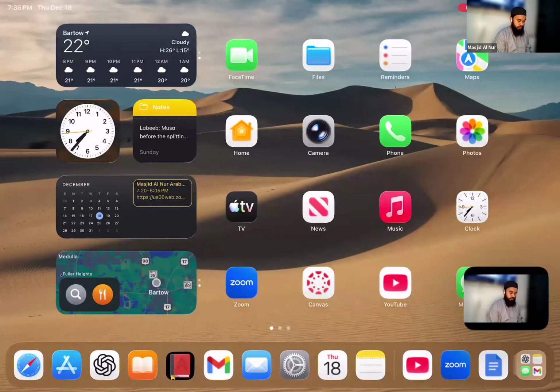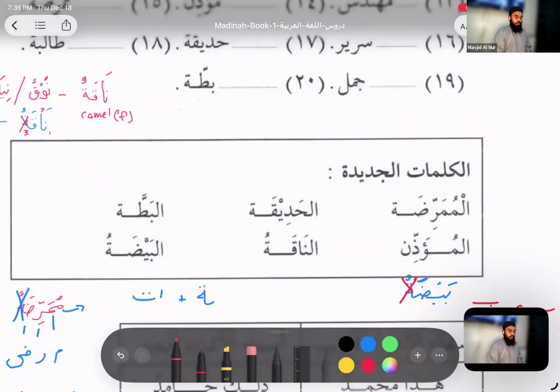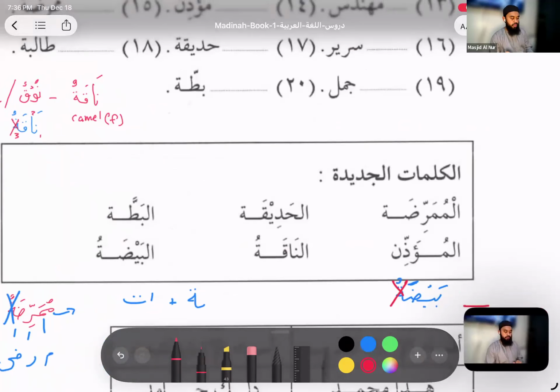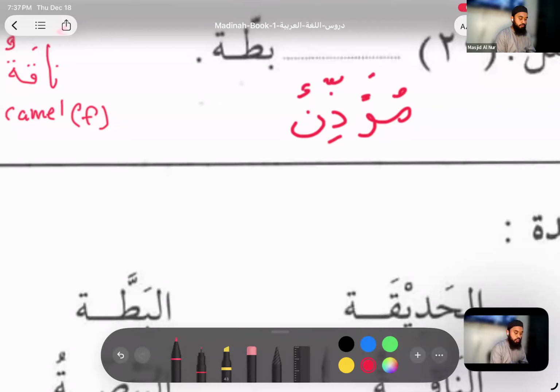Next word. What's next? Mu'adhin. Mu'adhin is another word, just like I mentioned, guys, it comes from adhan. In this word, what's going to be the meem at the beginning? Extra.